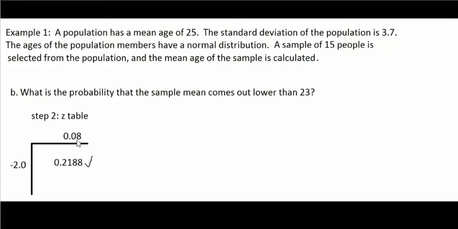The column is 8 because the 8 comes at the end, right? It's negative 2.08. This 8 is just the third digit in the z-score. Then we go to where they meet up, and it's 0.2188. And since it's a below problem, the z-table gives us the answer, and we're done. It's 0.2188.